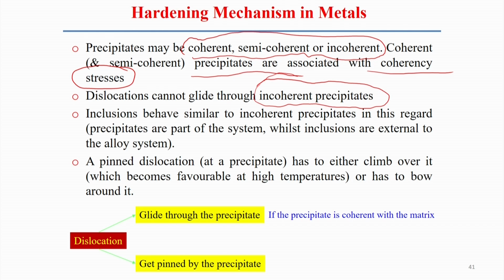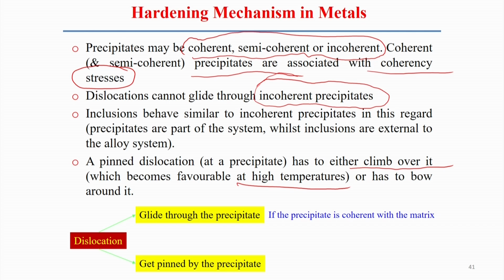With respect to that, dislocations are pinned at a precipitate and have to either climb over it, which becomes favorable at high temperature, so the climbing mechanism probably occurs at very high temperature, or bow around it.